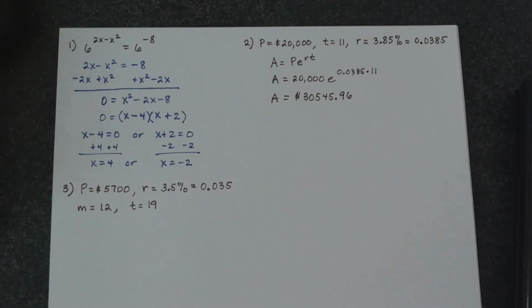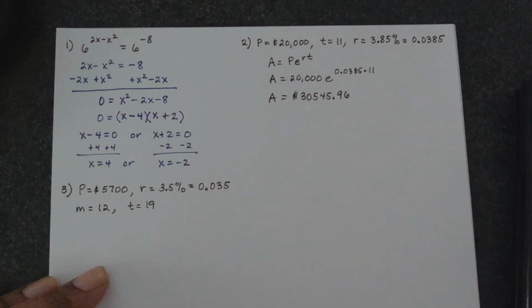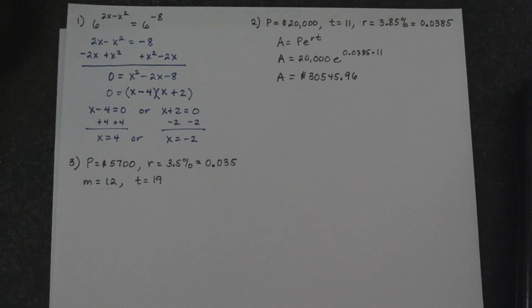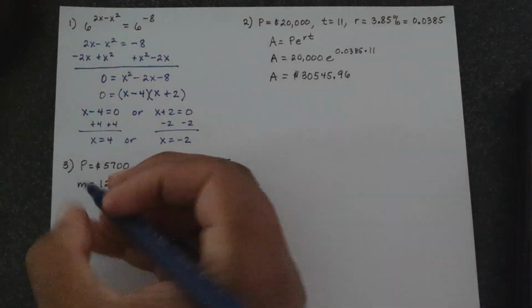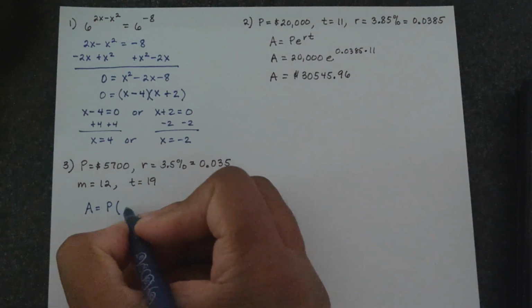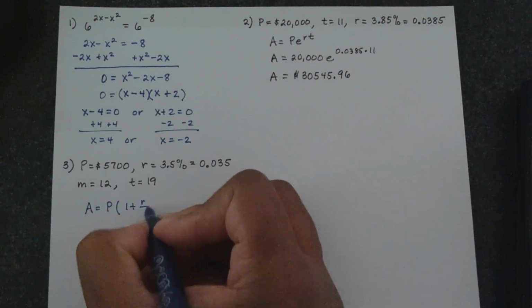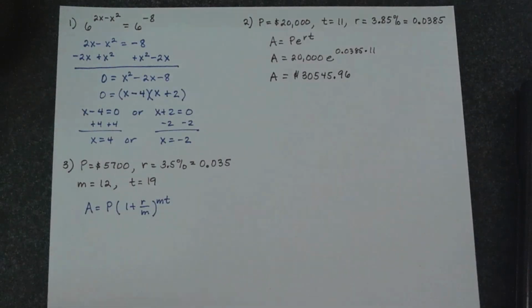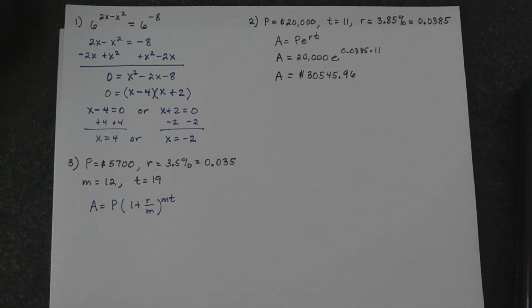Now here we're dealing with M number of compoundings in a year. So that means we need to use this other formula. And that's this. A is equal to P times the quantity 1 plus R divided by M, and that's to the M times T. Because we're dealing with M number of compoundings.